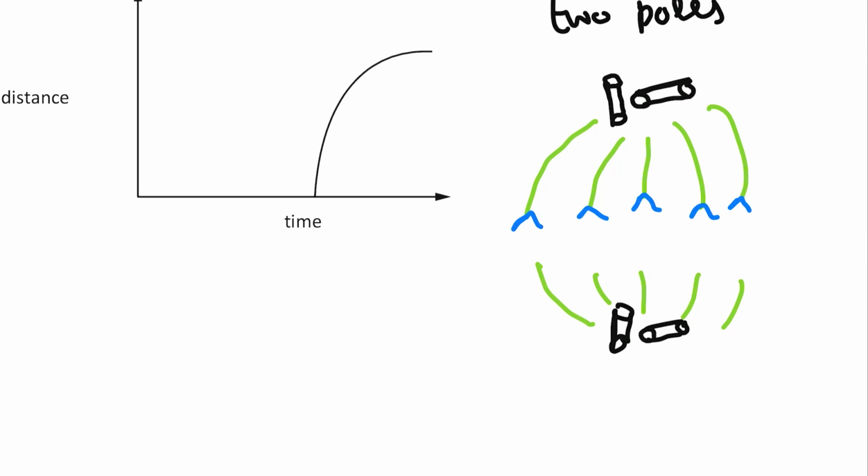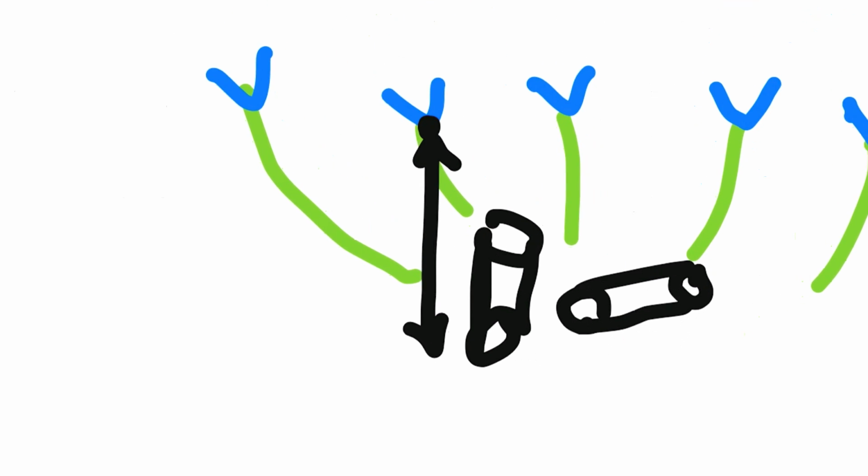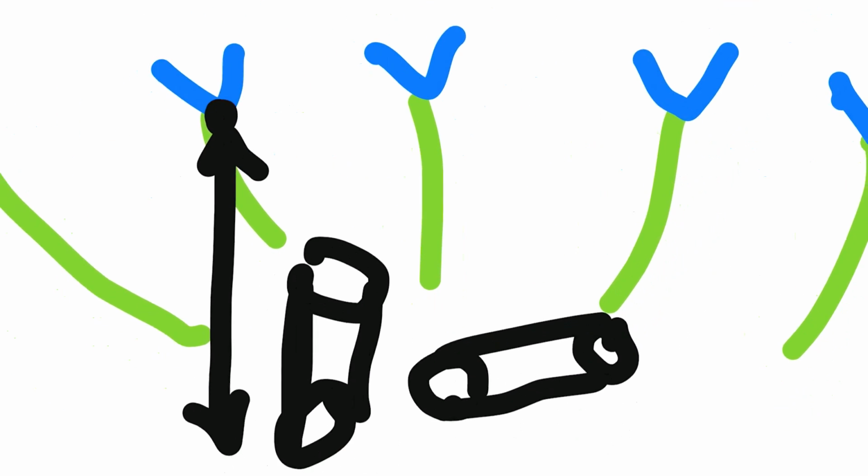Because of the shortening of microtubules, the centromeres split and chromatids are pulled towards opposite poles. So now what happens, guys, is that the distance between the centromere and the pole decreases, right? And eventually it will become zero when the chromatids reach the poles.